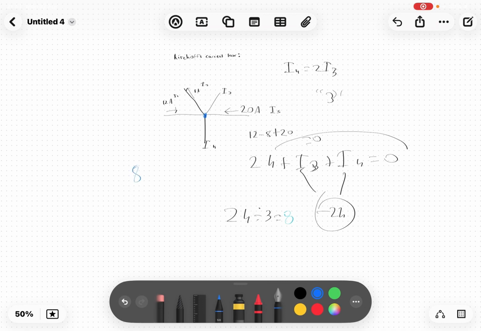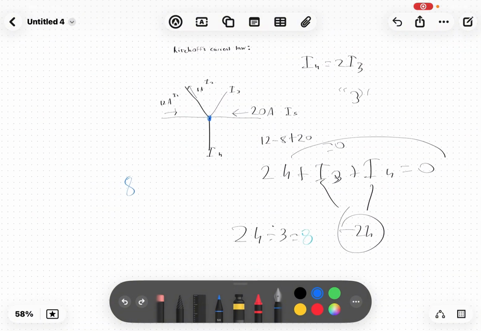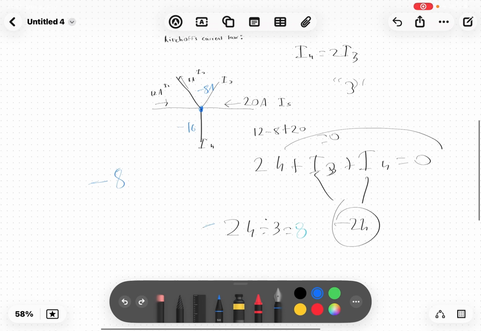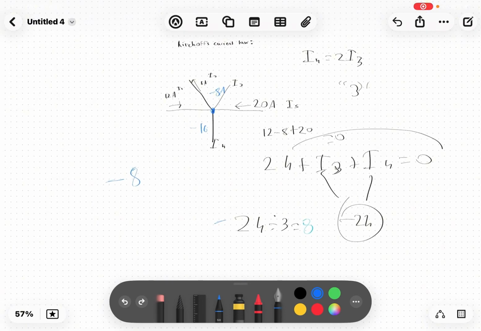And then to find I1, we know that's a negative, by the way. So this is negative 8 amps, and then we double this value, negative 16, because I4 is 2 times this. Just to check the balance, how much is going in and how much is going out?